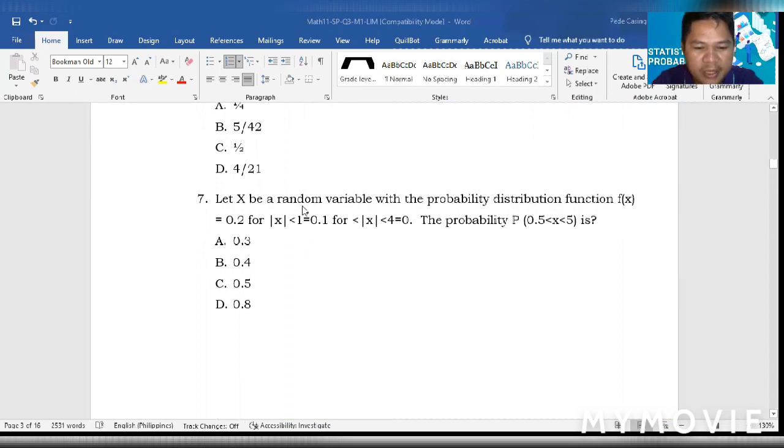Let x be a random variable with a probability distribution function of f(x) = 0.2, where the absolute value of x is less than 1, which is equal to 0.1. For absolute value of x less than 4 is equal to 0. So the probability P of x between 0.5 and 5 is A, 0.3, B, 0.4, C, 0.5, D, 0.8.